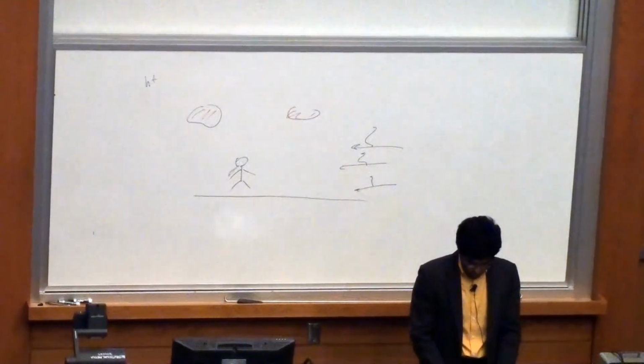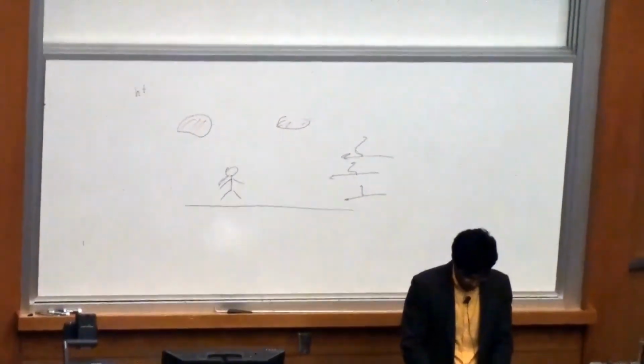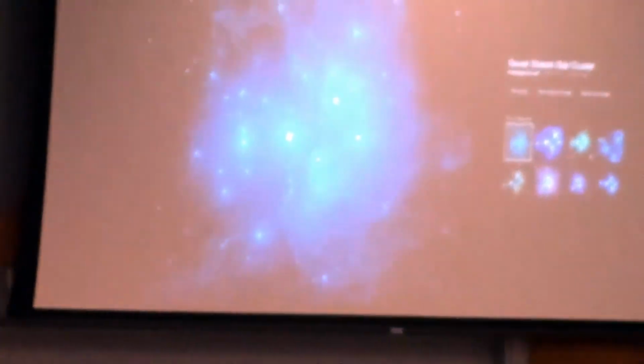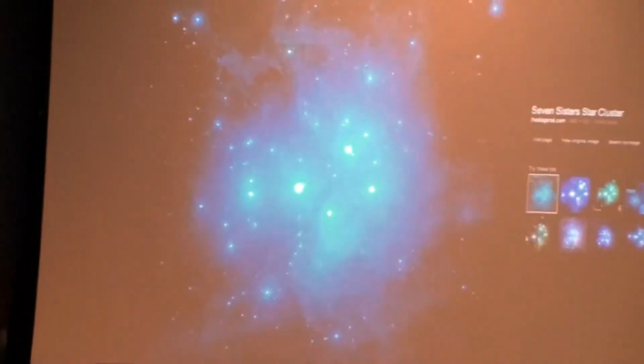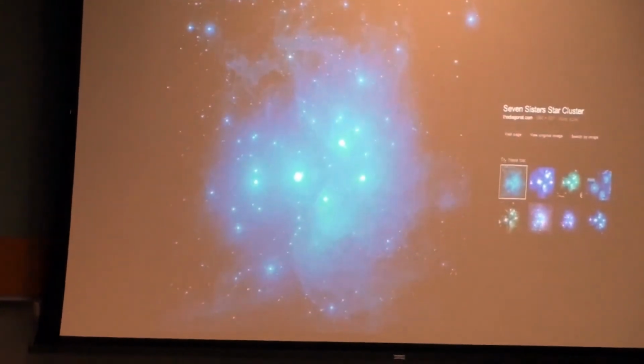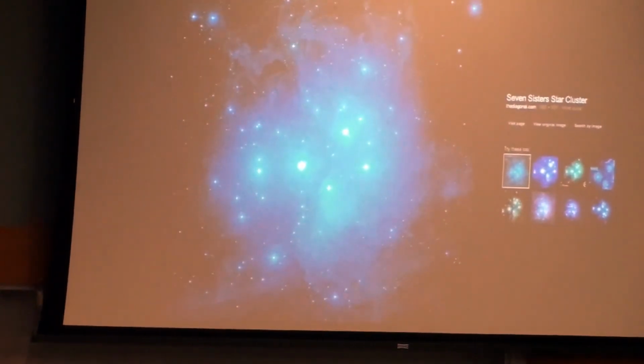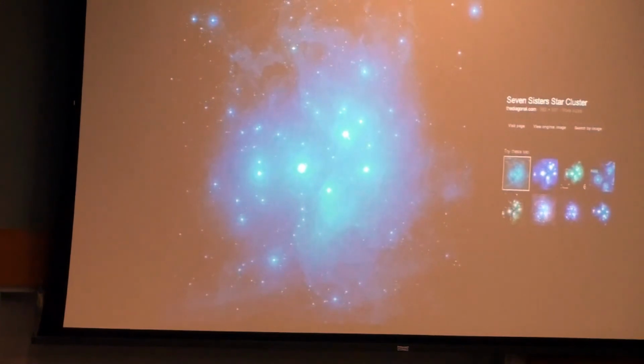So this is an image of the Seven Sisters stars. Of course, there are more than seven stars. There are hundreds of stars in that particular composition, but you have fine dust around them.